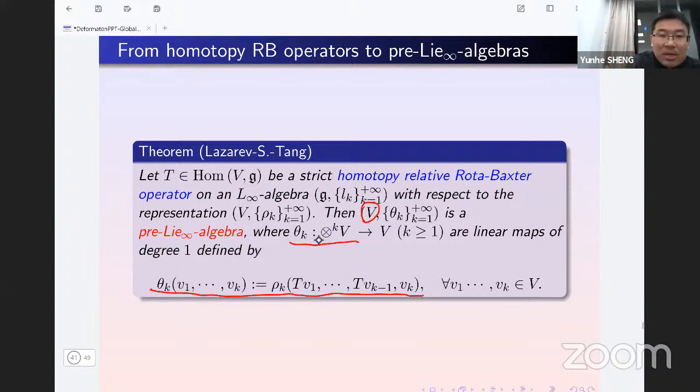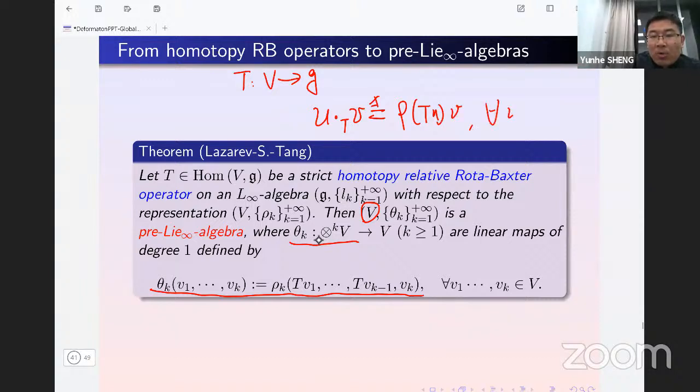In the classical case, as soon as you have a relative Rota-Baxter operator T from V to G, then on V you can define a new multiplication u times v to be rho(Tu)v, for all u, v in V. Then this will give you a pre-Lie algebra structure. So this formula is just the infinity version.